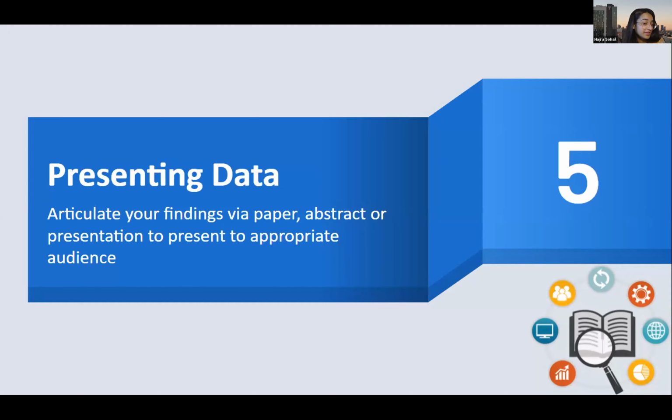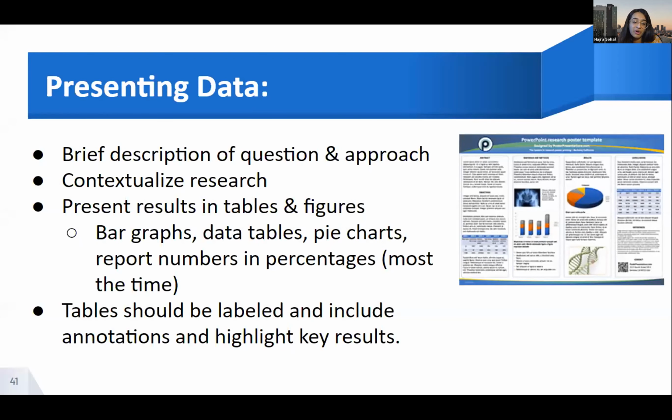In this step, you're going to put all of your findings and your whole process into one medium, one paper. So you are going to include a brief description of your question and approach, the methods that you used, and the context, so any related research.